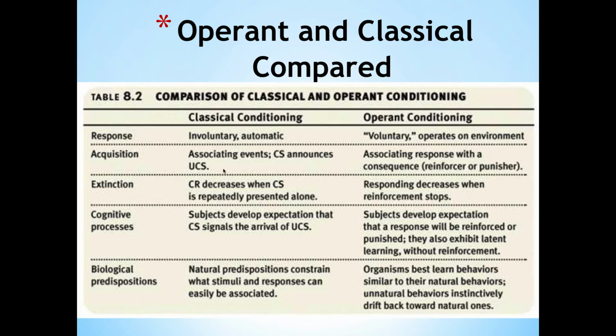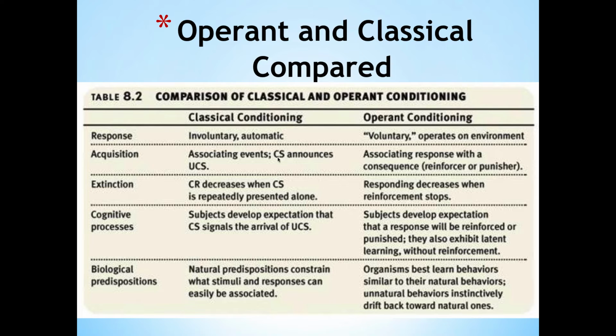In classical conditioning, acquisition occurs when an organism is associating events. A conditioned stimulus announces an unconditioned stimulus, okay? That conditioned stimulus that used to be neutral, like in Pavlov's case, the bell for the dogs, before it was paired with the meat powder, wouldn't evoke any kind of a response.